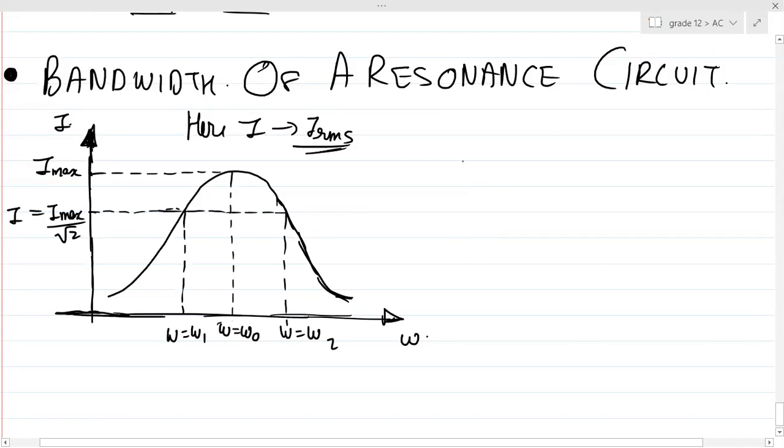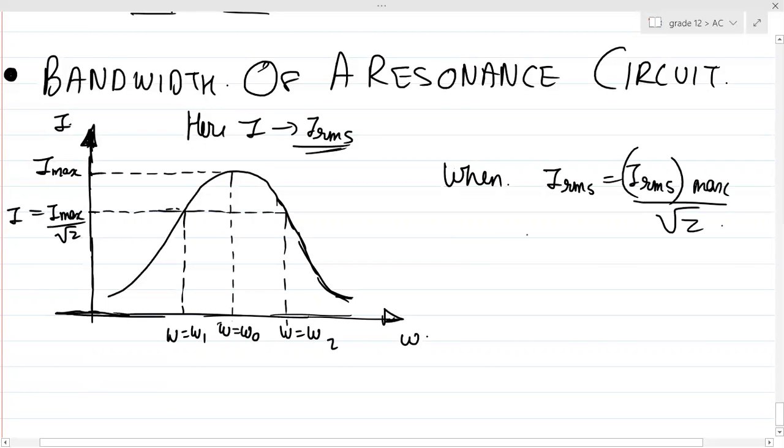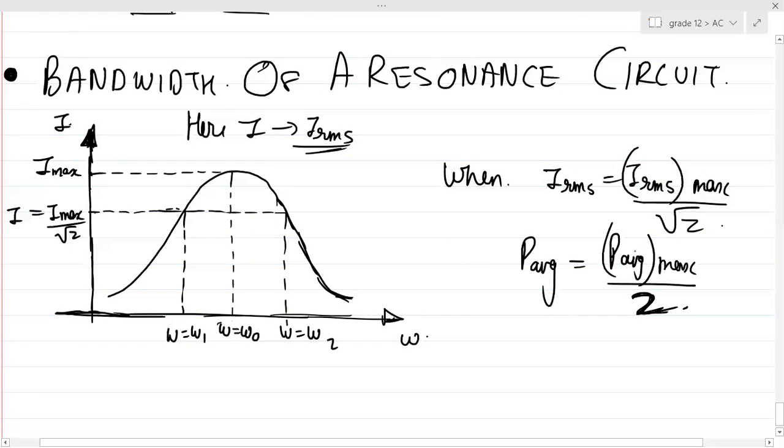Yes or no? So we can say when I RMS is equal to the maximum divided by root 2, then the power in the circuit is P max by 2, right?